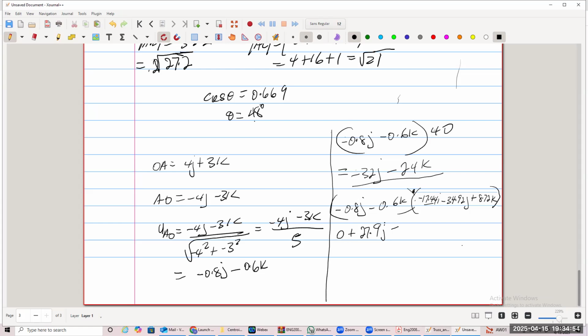So depending on which form you use, you'll get two different answers. I prefer you use the vector form. It doesn't matter seriously, but that's basically how you do it.